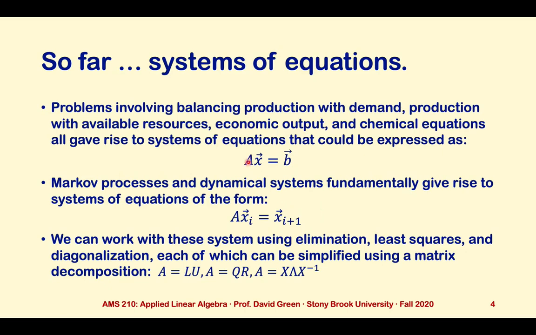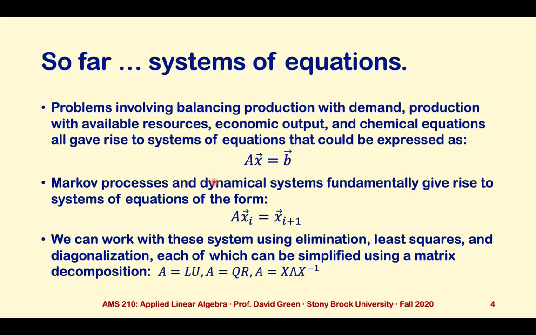In both of these, the matrix A represents a coefficient matrix. The coefficients that are multiplied by the variables x in each of the equations in this system of equations.